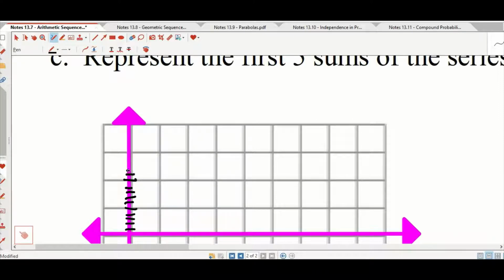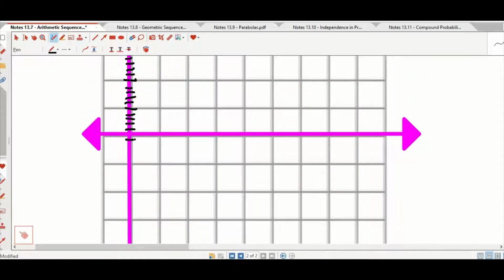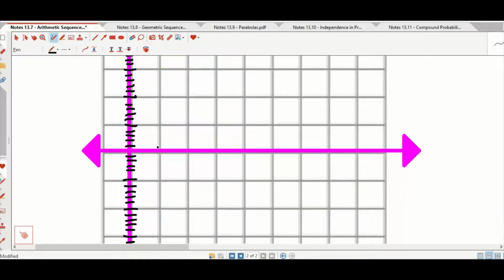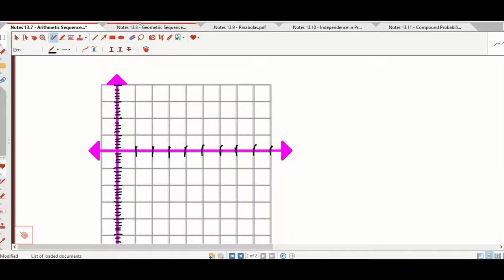And we're just going to count each of these as 1. 1, 2, 3, 4, 5, 6, 7. And it only told us to go up to 5, but what are you going to do? I had the extra space.